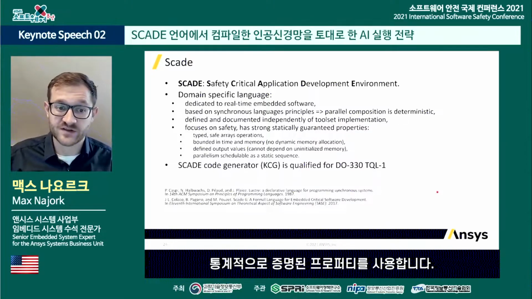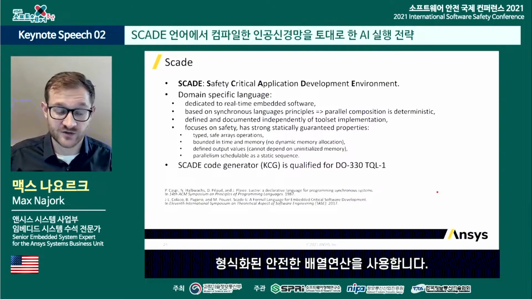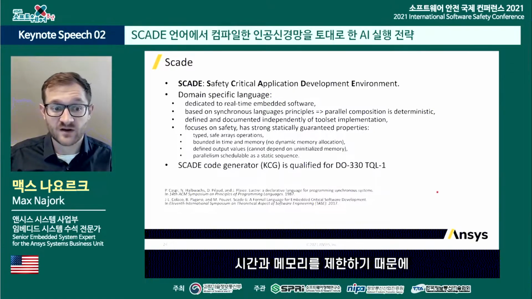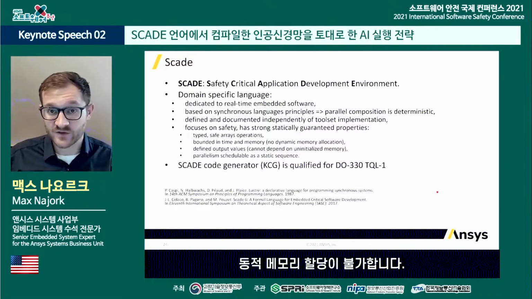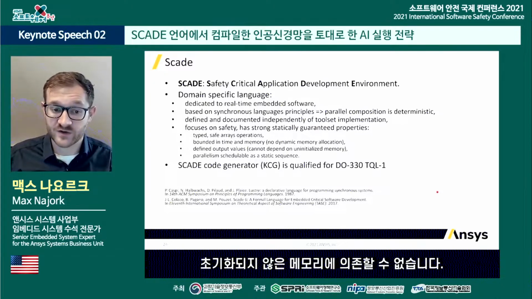Therefore, it has some strong statically guaranteed properties, such as being strongly typed and allowing only safe array operations. It's bounded in time and memory, so there's no dynamic memory allocation. It always has defined output values, so it cannot depend on any uninitialized memory.